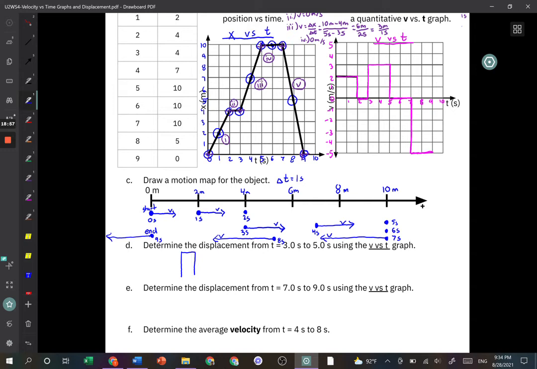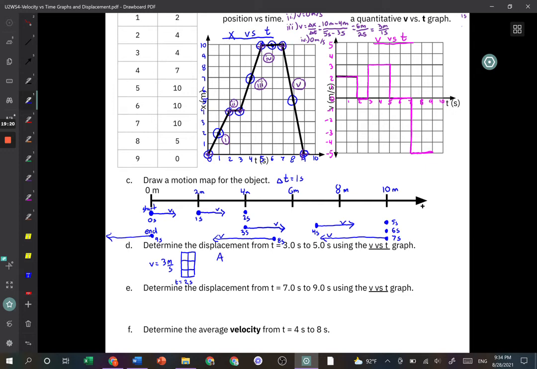It looks like we're going to have 2 boxes for our width in that region and 3 boxes for our height. So our height here is going to be our velocity, which is equal to positive 3 meters for every second. And the width is going to be our time of 2 seconds in that interval.